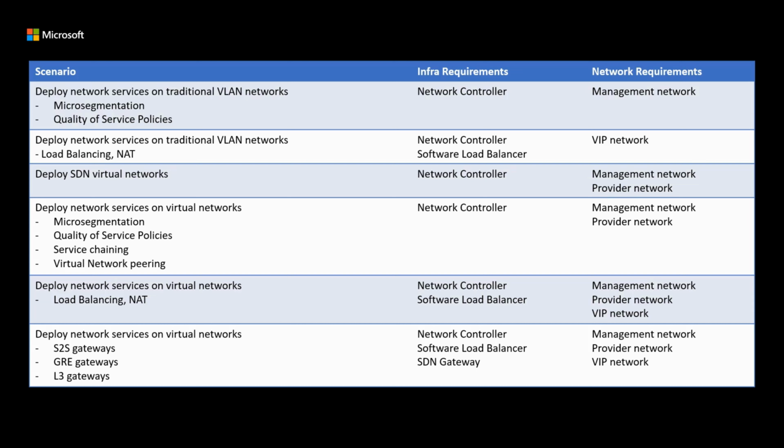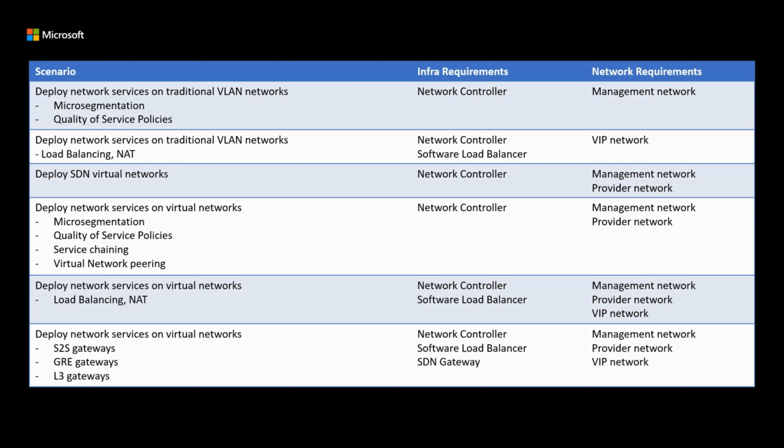There's really 3 main networks. I'm going to fast forward all the way down to the bottom, which is, hey, I want to deploy network services on virtual networks. And this is where it's the entire deployment. So it's network controller, our software load balancers, and our SDN gateways. And that gives you the ability to run any of the SDN features. And it gives you those 3 network requirements.